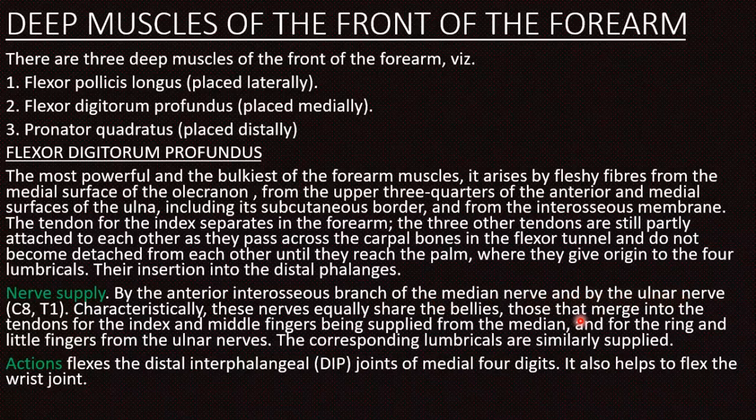Now, it is supplied by the anterior interosseous nerve, a branch from median nerve, and the ulnar nerve. Its medial half is innervated by the ulnar nerve, and its lateral half by the median nerve via the anterior interosseous branch. Now you should know this: the innervation of the lumbricals corresponds to the innervation of their respective bellies.